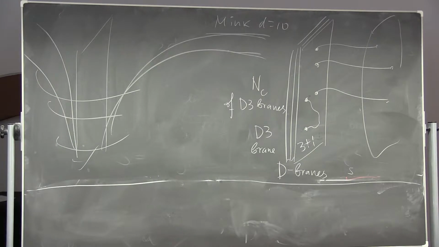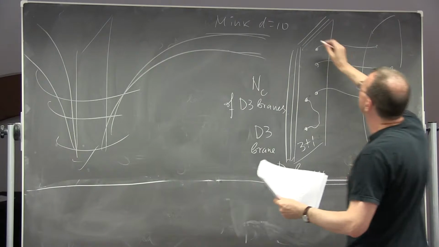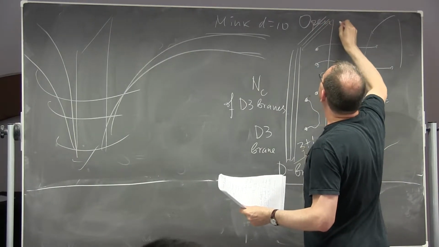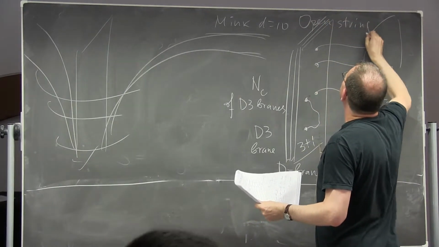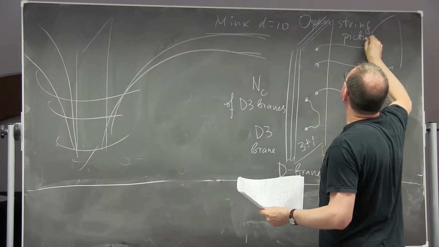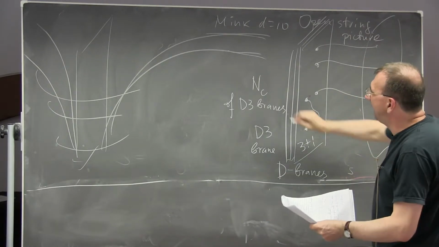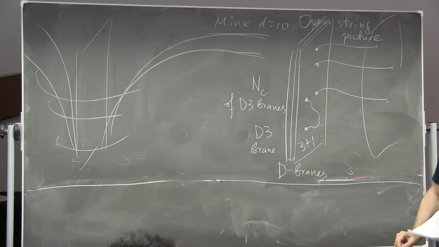So what we have is the open string picture of the collection of NC D3 branes. But we also obtained a closed string solution whose horizon has an interesting property of being 3 + 1 dimensional, right?